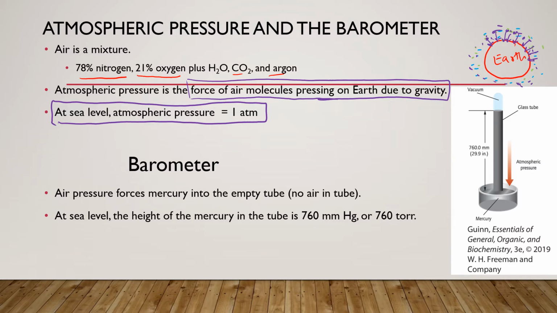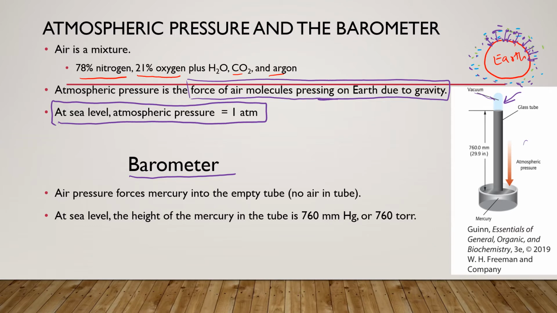We use a device called a barometer. A barometer has a tube filled with a heavy liquid such as mercury. In fact, it is filled up with mercury, and the tube is sealed on one end, and a vacuum is created in that end. There's no pressure inside the tube, and the barometer is open from the outside.